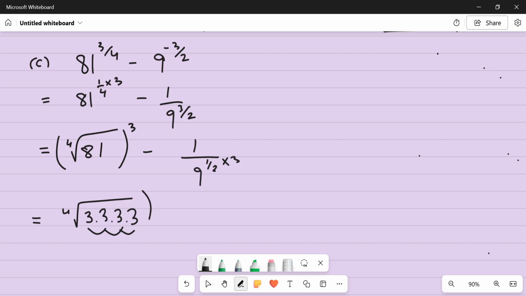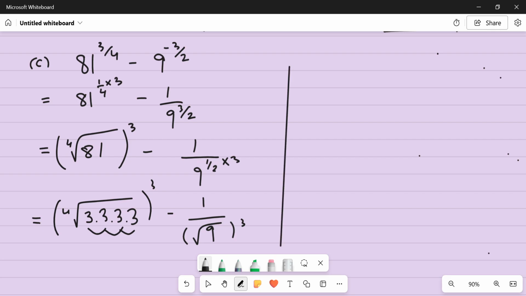And still the power we have outside, okay? So same goes here. You need the square root of 9, and the power will remain 3 outside. Okay, I'm doing it here. The rest of the part I'm doing it here.